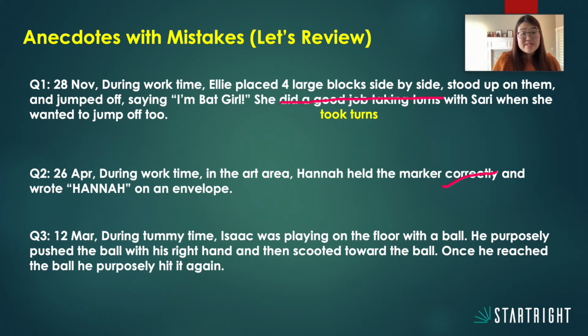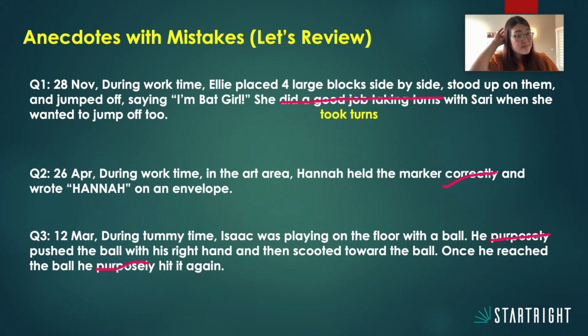Question 3, 12 March. During tummy time, Isaac was playing on the floor with a ball. He purposely pushed the ball with his right hand and then scooted toward the ball. Once he reached the ball, he purposely hit it again. So here, we do not put the word purposely.